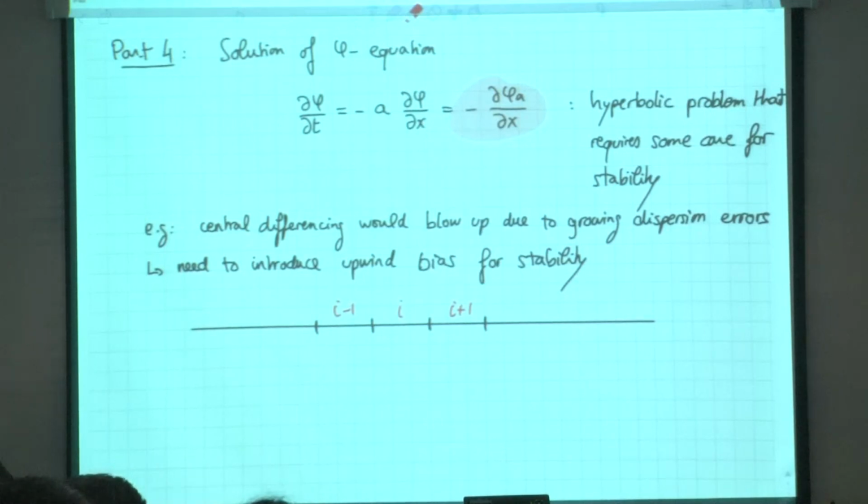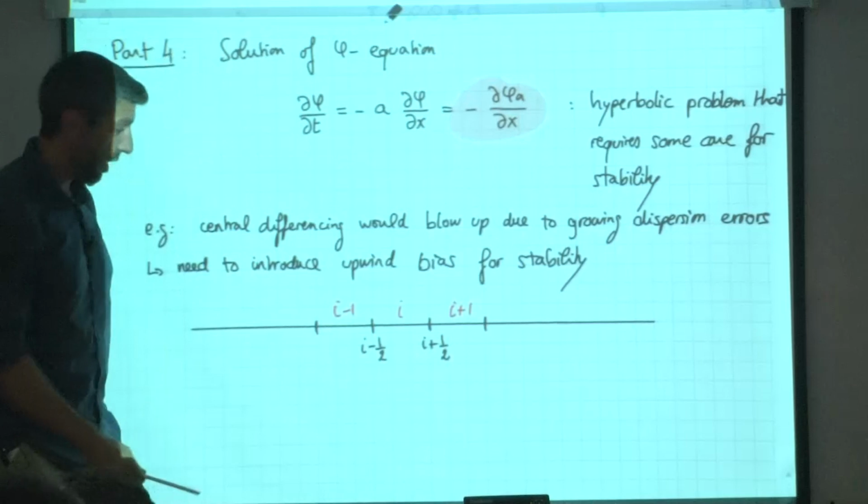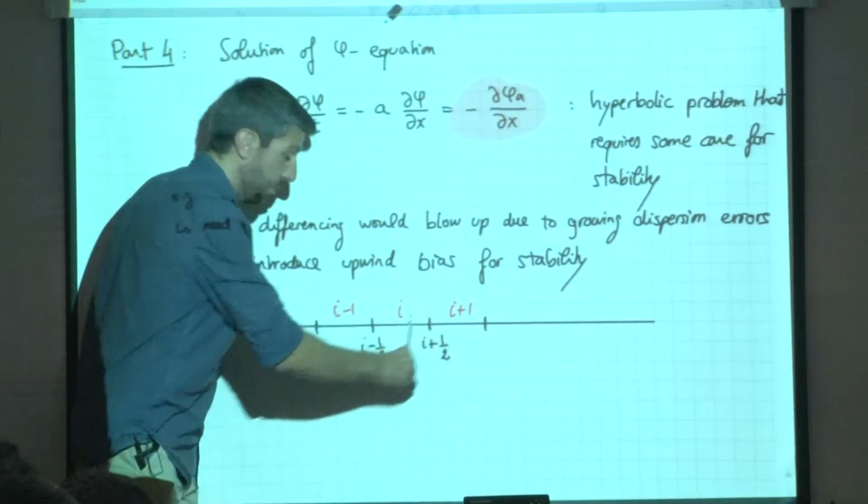So that means that I will need to build convective fluxes at face i minus 1/2 and at face i plus 1/2, here and here.